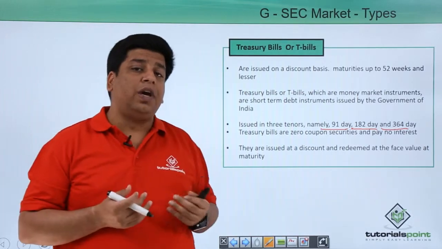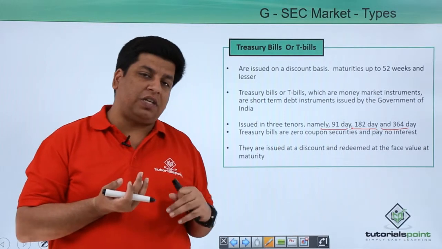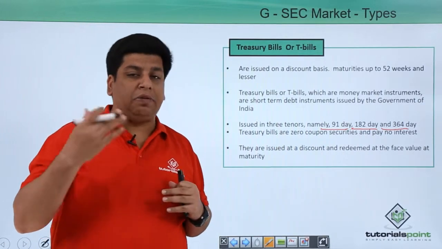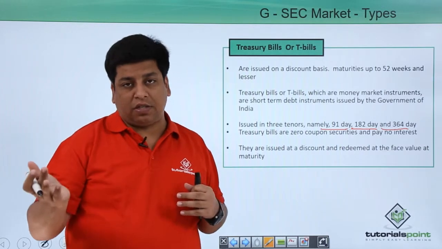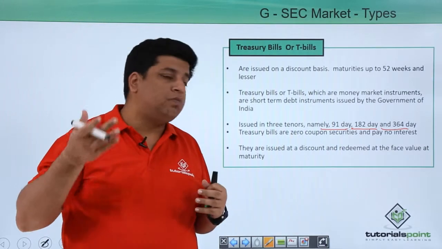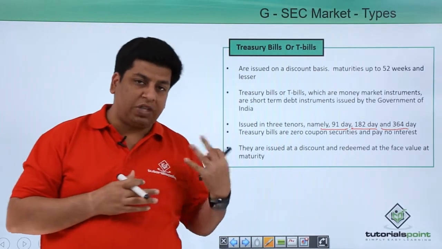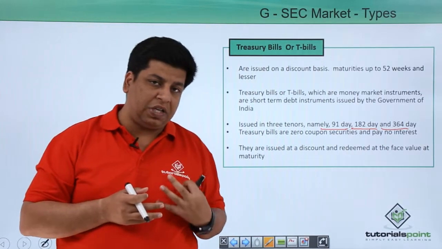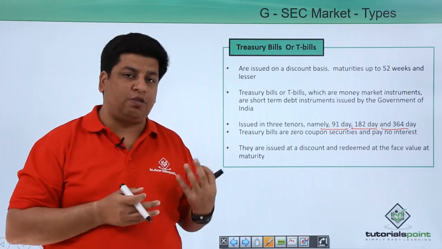They are issued at a lesser price than their face value. That means they are issued at a discount, and then the redemption or refund happens at the face value. Hence there is a difference. Let's say if 100 rupees is the face value, the security is issued at 92 rupees.